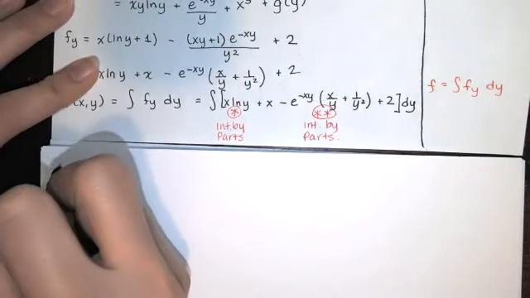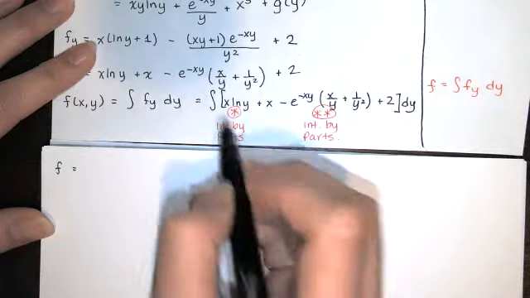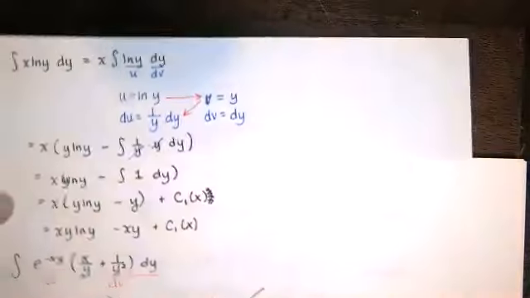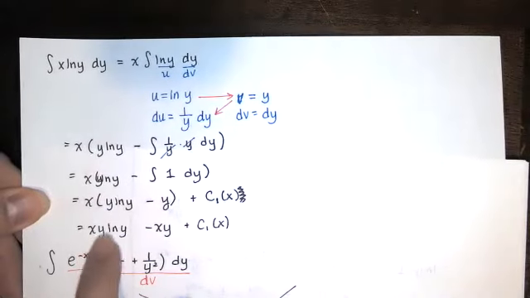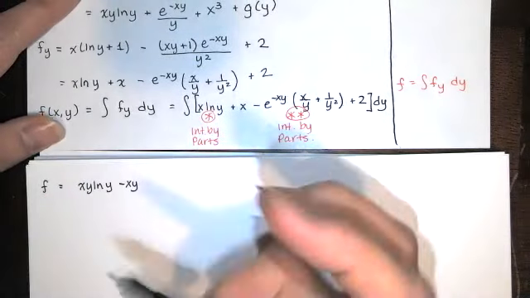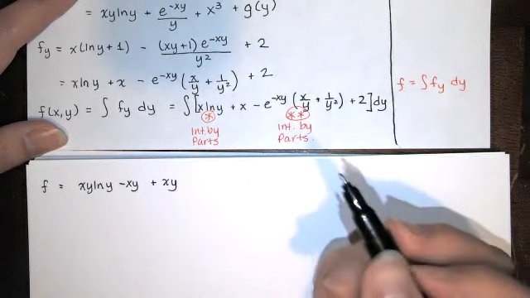The function f is the antiderivative of that piece. And the antiderivative of x times natural log of y turned out to be xy natural log of y minus xy, plus a function of x, but we're going to tack that on at the very end, plus the antiderivative of x with respect to y, which is just x times y because x is being treated as a constant.